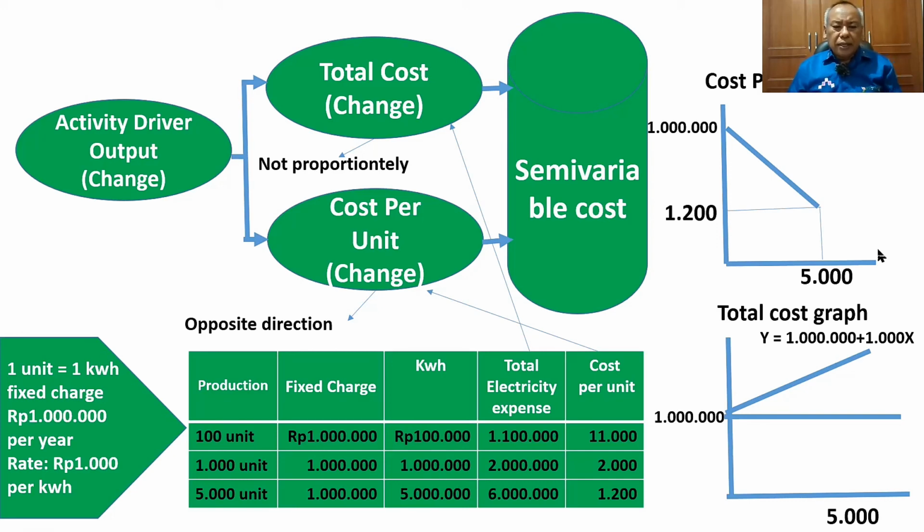And after that, I will also explain the difference between functional based cost behavior and activity based cost behavior. The functional based cost behavior is the traditional cost behavior, and the activity based cost behavior is the contemporary cost behavior. Thank you.